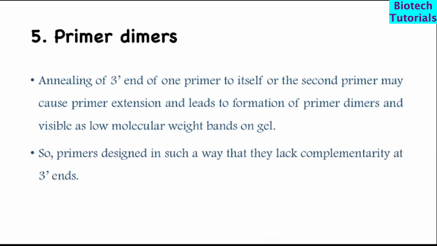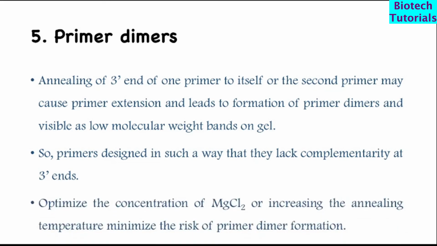So primers are designed in such a way that they lack complementarity at 3' ends. Optimizing the concentration of magnesium chloride or increasing the annealing temperature minimizes the risk of primer-dimer formation.